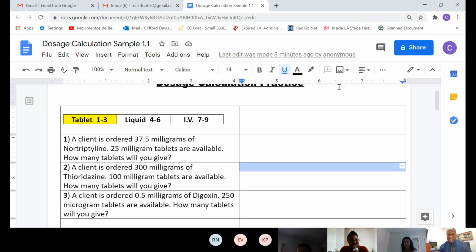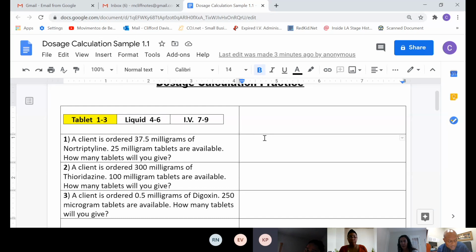All right. So let's just see, first of all, what did you guys get for this first one here? Should be 1.5 tablets. How much? 1.5 tabs, right? Okay. Yeah, and that's the other piece.